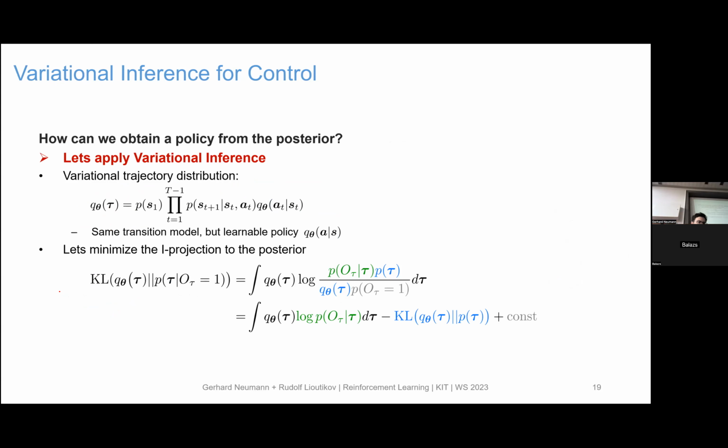We now use again a variational distribution, Q of tau. This is the distribution we want to use to approximate the posterior. And it will be factorized as follows. It's again the initial state distribution times the transitions times Q theta of A given S, which is in this case a learnable, trainable policy.